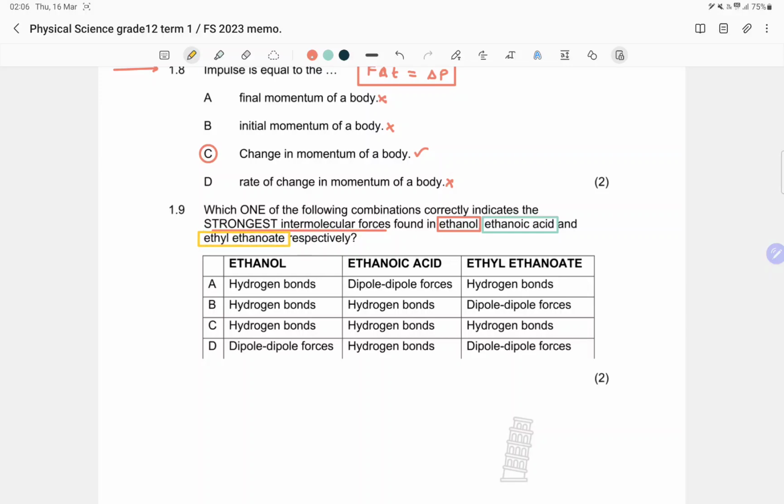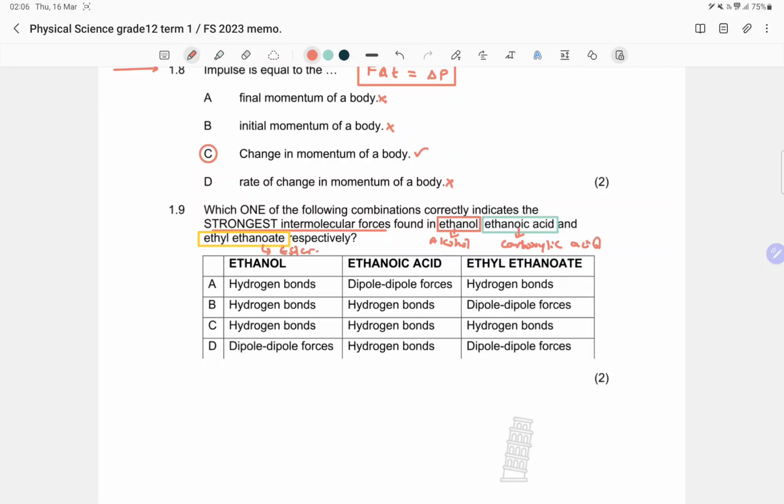All right, so now we know that this is an alcohol, this is a carboxylic acid, and this is an ester.